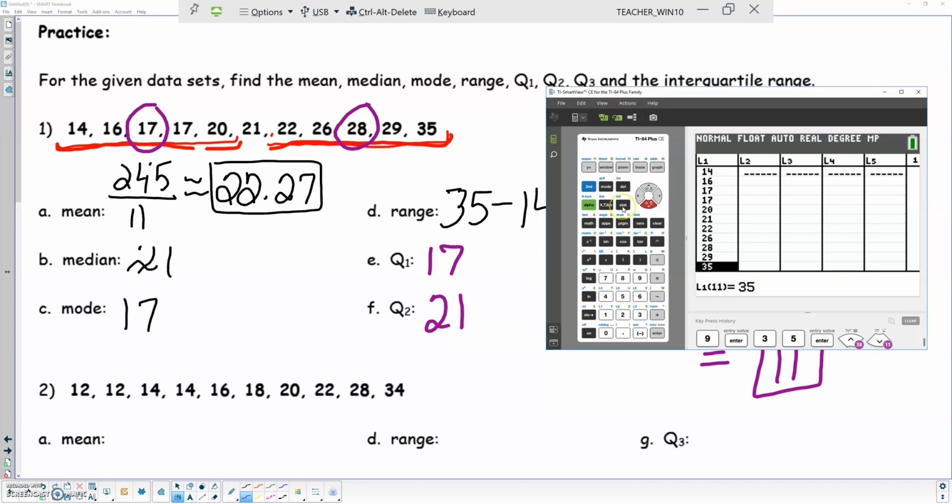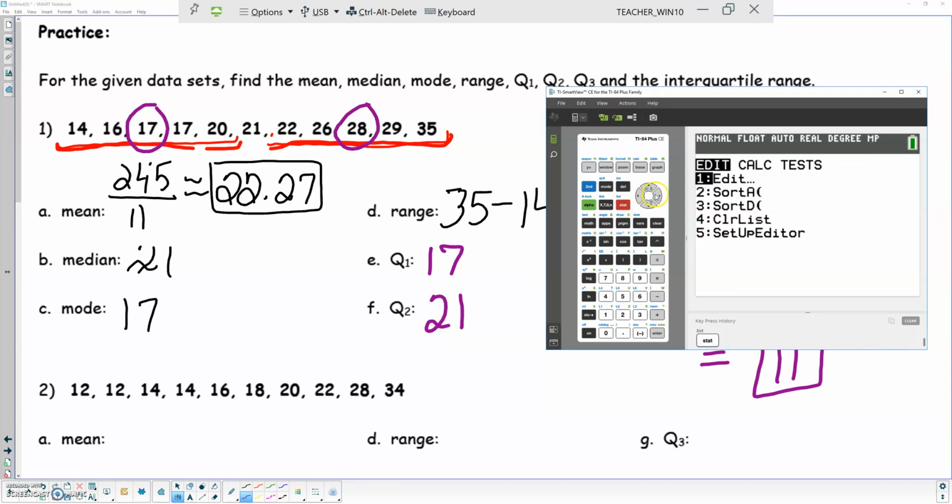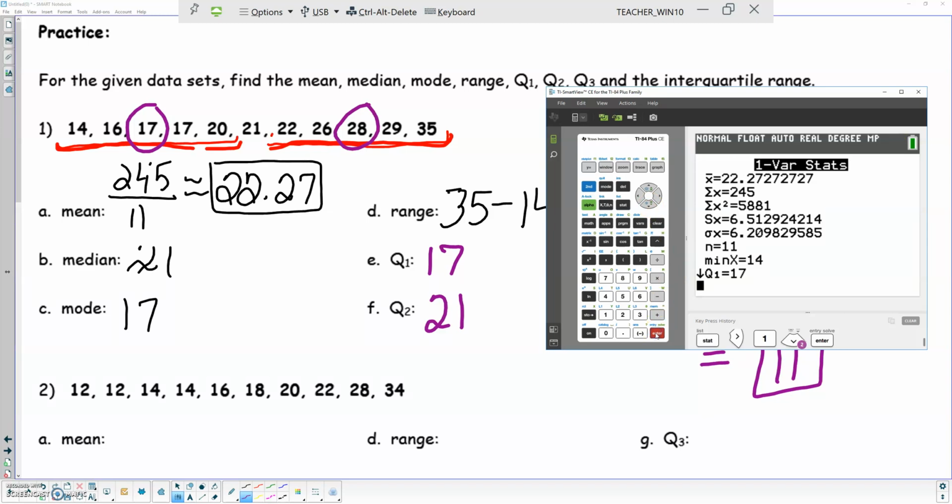So once you make sure you have all that data typed in correctly, you're going to go back to the stat button. Then you're going to scroll over to where it says calculate. And then you're going to go to option 1 where it says 1-Var Stats. Then you're going to scroll down to calculate again, hit enter.